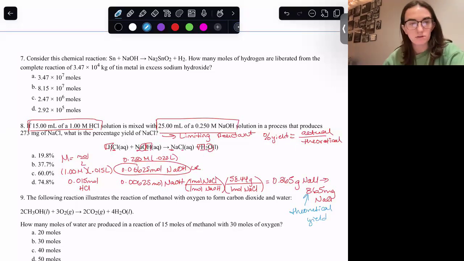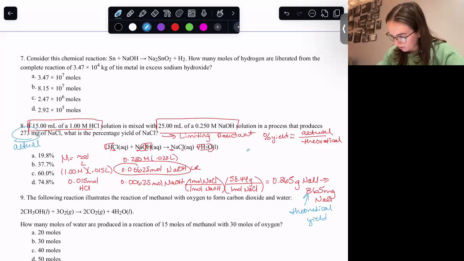What is our actual yield? Yep, the one that is given, this is our actual.